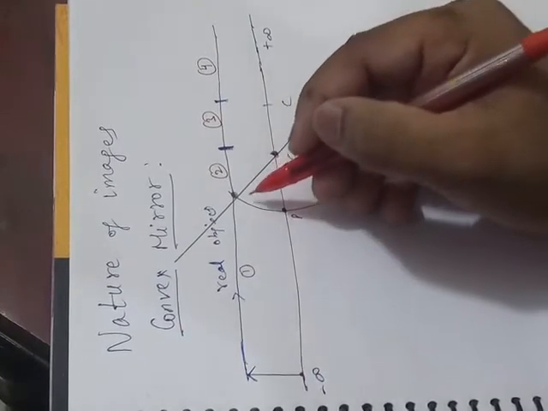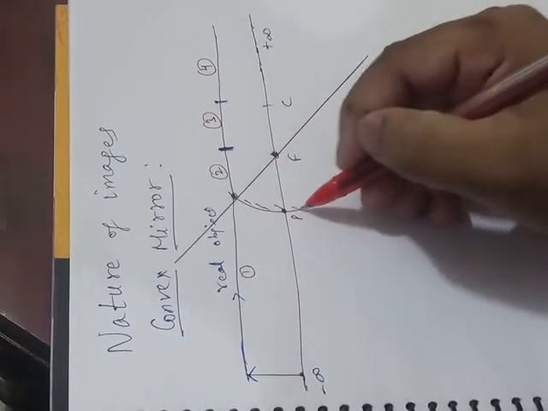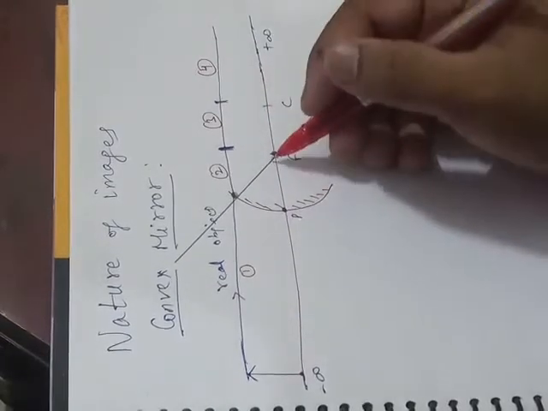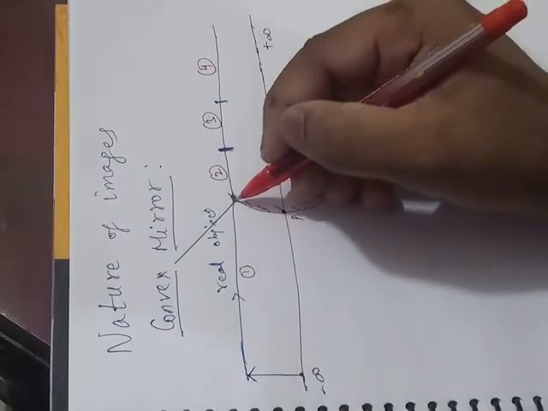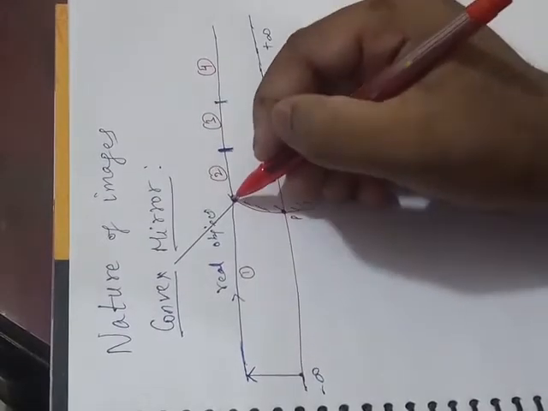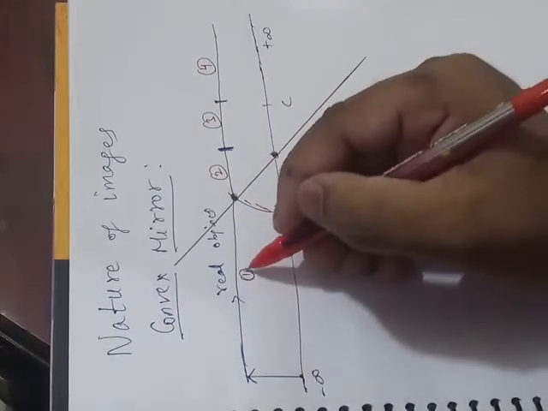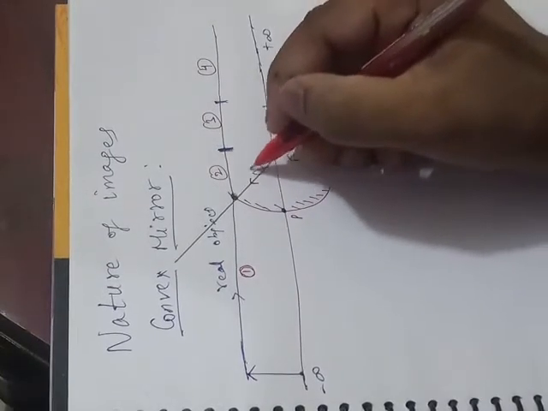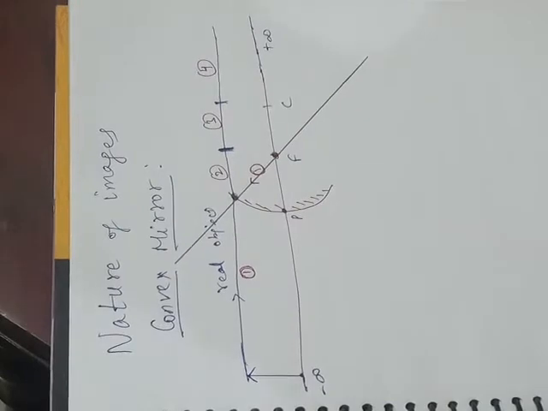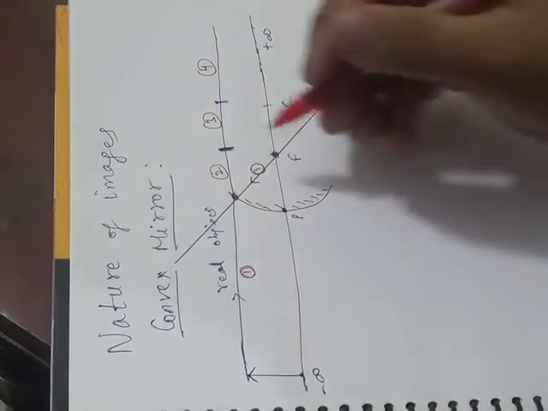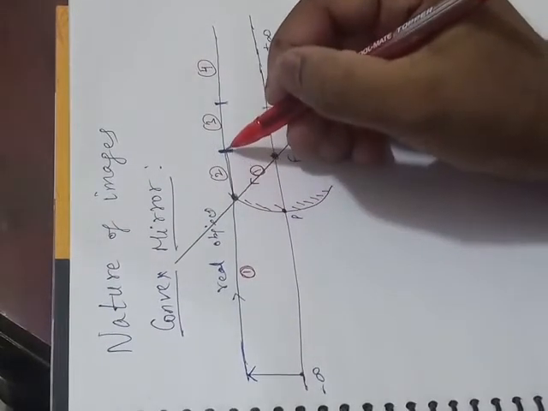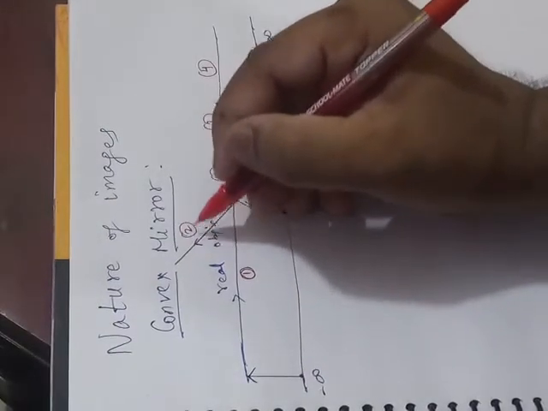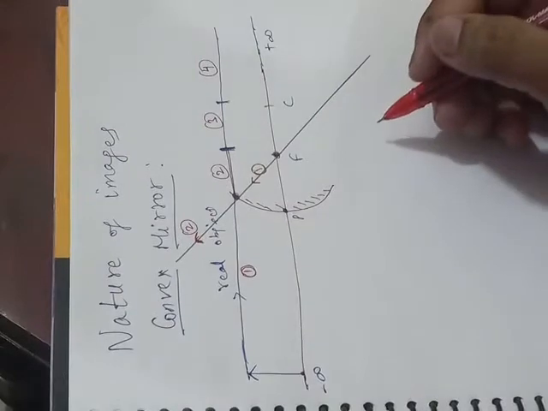Okay, this is our convex mirror. So let us make this convex mirror clearly. This is focus to pole. When the object reaches the pole, image also reaches here. So region 1 for the real objects, this will be region 1 for the image. Region 2 for the virtual object, region 2 will be in continuation here. So this will be region 2 for the image, right?